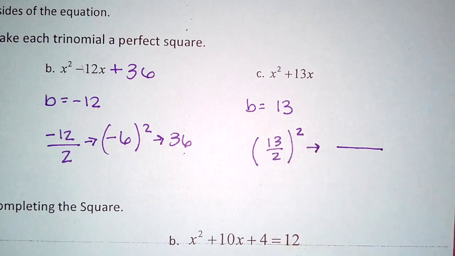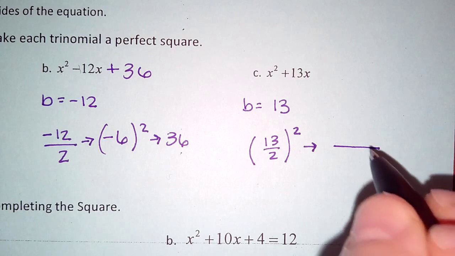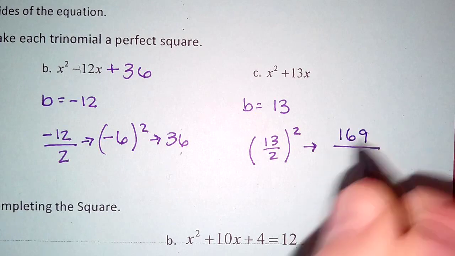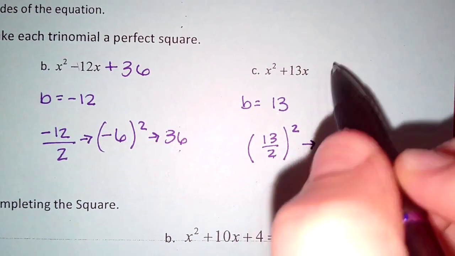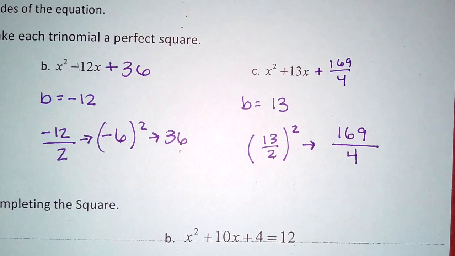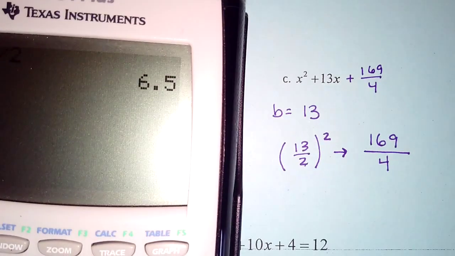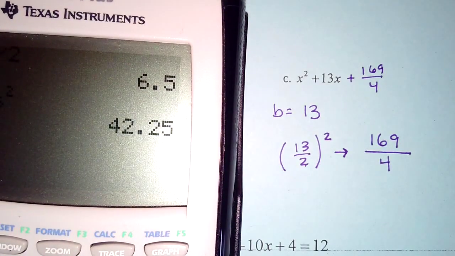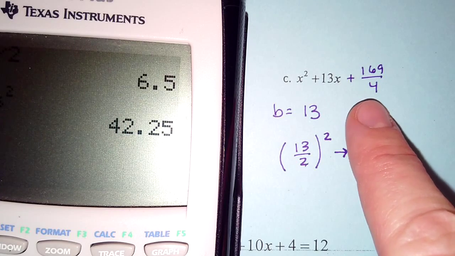What's 13 squared? 169. 2 squared would be 4. So here we could either put 169 over 4, or we could do 13 divided by 2, which is 6.5, and then squaring that, we could put 42.25 here. Sometimes it doesn't come out clean. Most of the time, it does come out to a whole number.